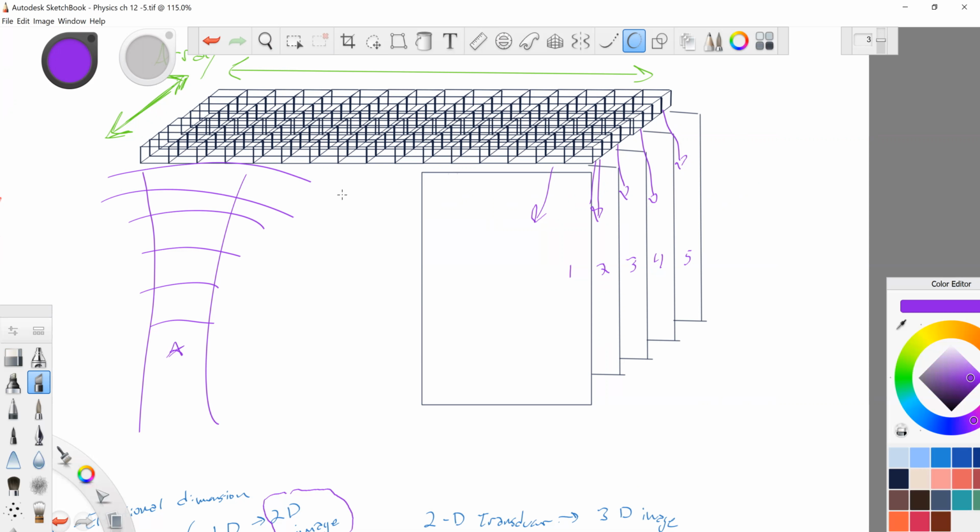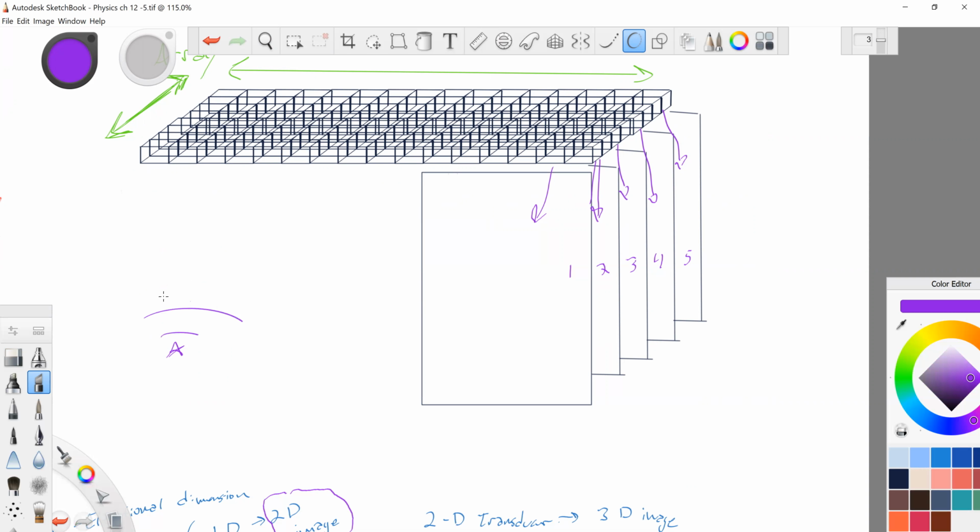Remember, a beam of sound goes in, but not a beam of echoes comes back. It's a spreading out of echoes. Okay, so let's just draw these echoes in again. This is the wave front. If we could see a wave front of an echo, that's how it's going to come back.